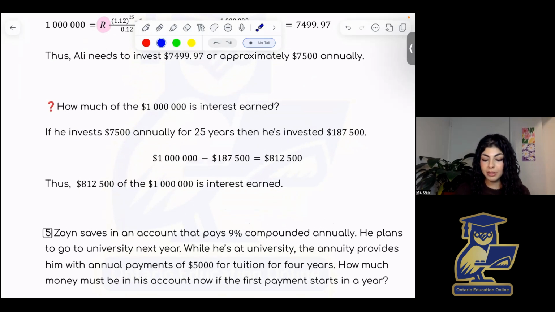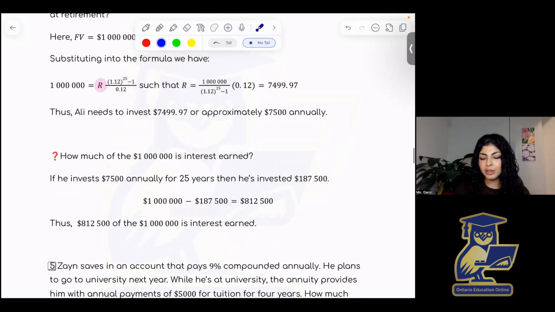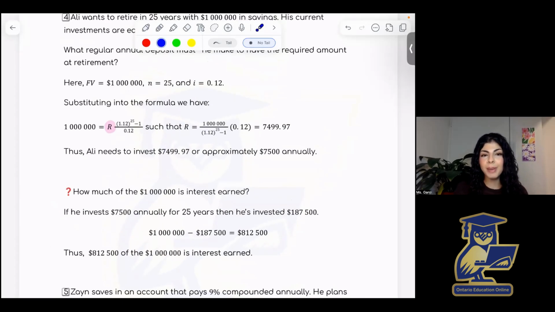So of that $1 million, almost 80% of it was interest earned, which is a pretty good deal. And you actually won't see this rate in banks often, as you can clearly see why, but in this problem, that's how much interest he would have earned.